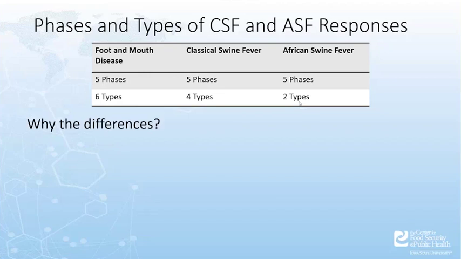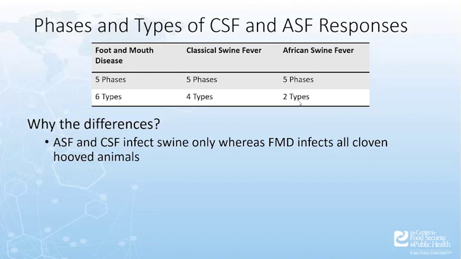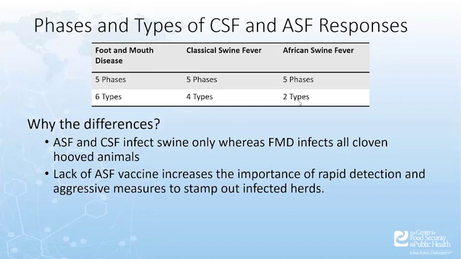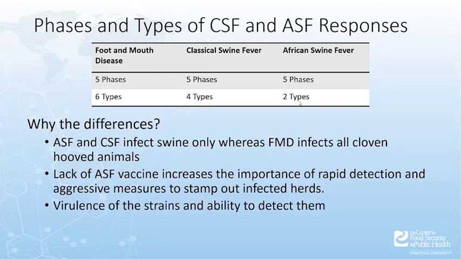So why the differences? ASF and CSF infect swine only, whereas FMD infects all cloven-hoofed animals. This allows more of the resources to be focused only on swine, with fewer susceptible animals that could be involved and need to be dealt with. The lack of an ASF vaccine increases the importance of rapid detection and aggressive measures to stamp out infected herds. Another factor is virulence of the strains and the ability to detect them.